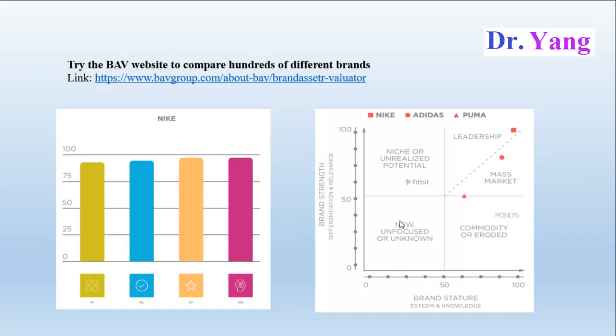All of them are shoe companies, right? You can compare their brand equity to see where they lie on this map and what their strengths and weaknesses are. I want you to try this website and compare your own judgment of those brands with the agency's evaluation of each of the brands. Okay.